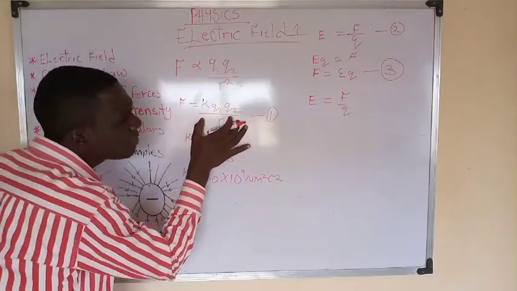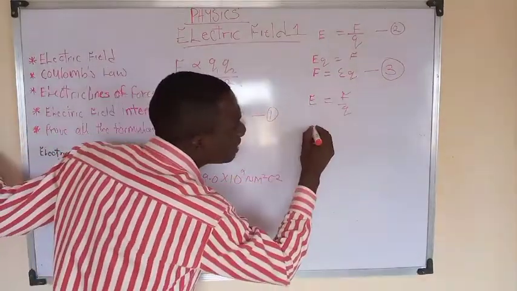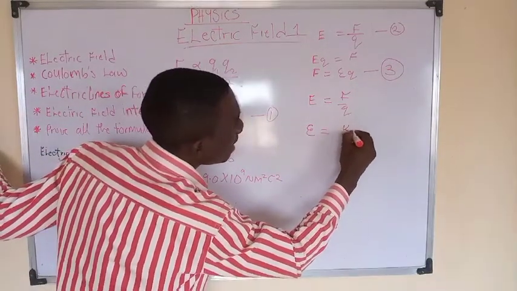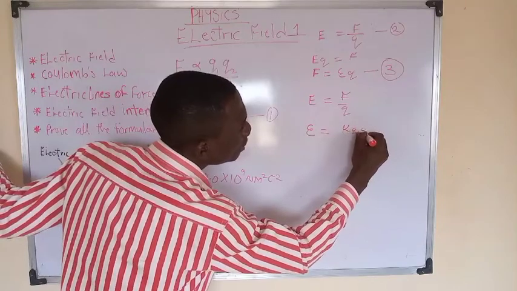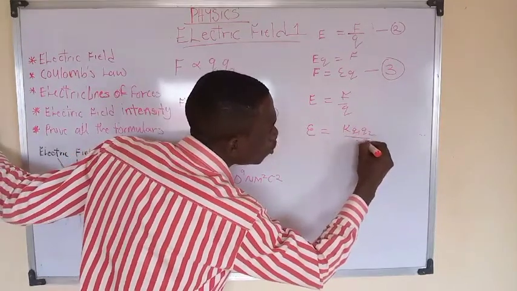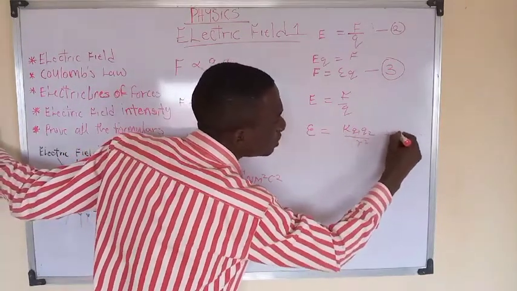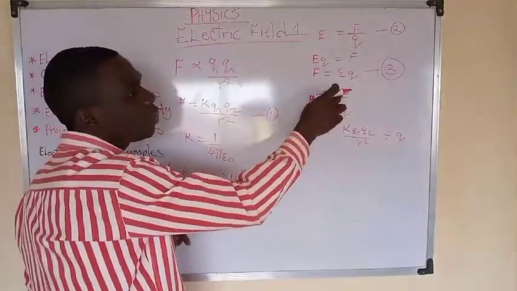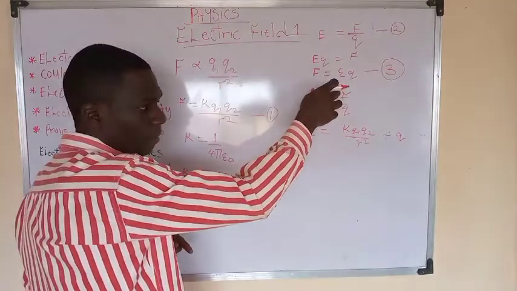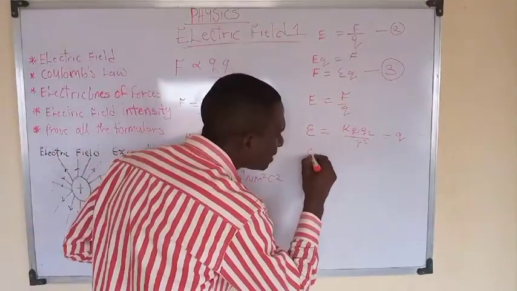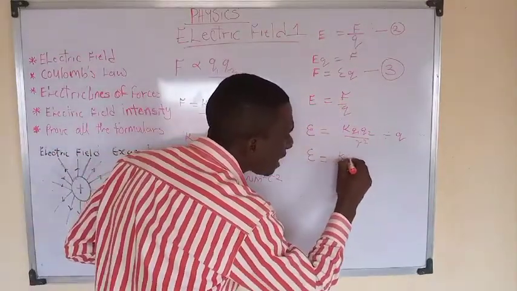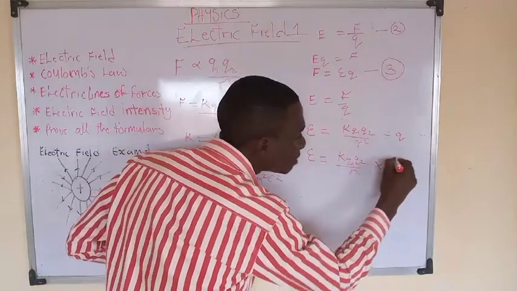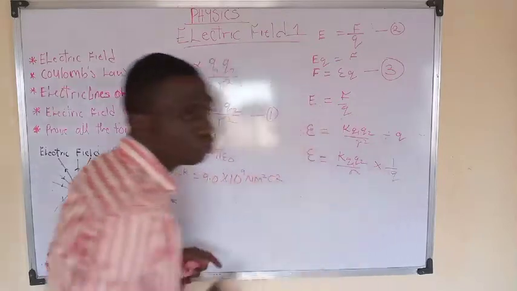So if I replace this value for F here, that means my E will be equal to K Q1 Q2 over R squared, divided by Q. When I replace equation 1 into this equation, E will be equal to K Q1 Q2 over R squared times 1 over Q.